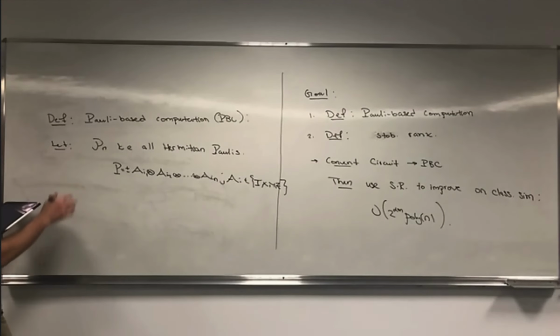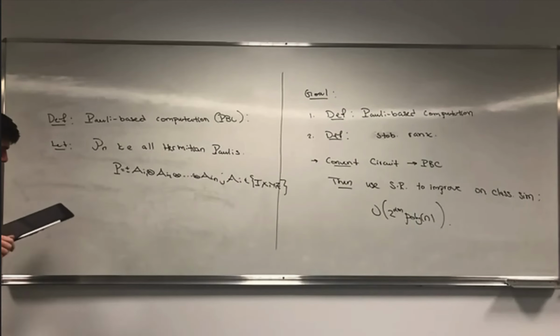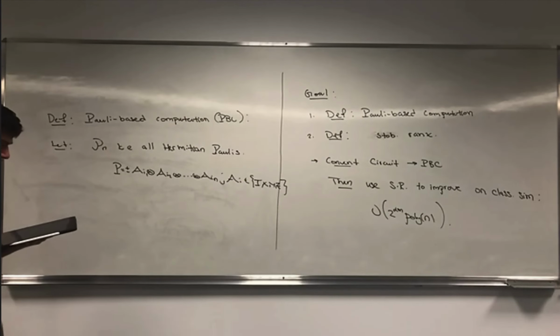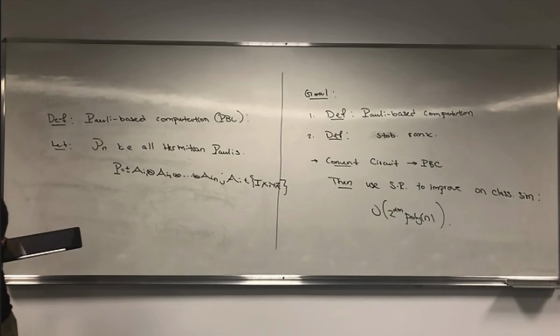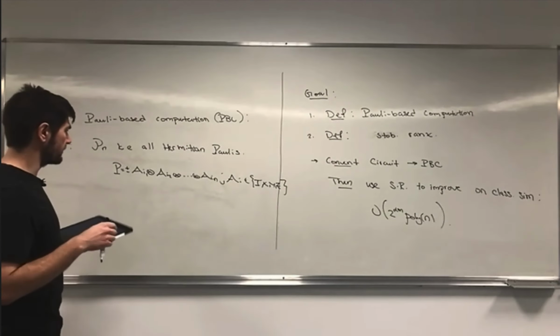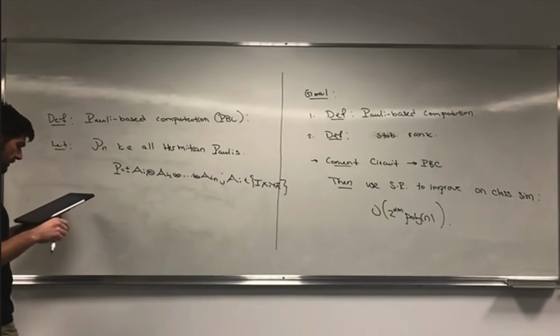Okay, and then how does the Pauli-based computation go? Basically, the only thing that you're doing is Pauli measurements, but they could be acting on quantum states that are not necessarily stabilizer. They could be magic states.